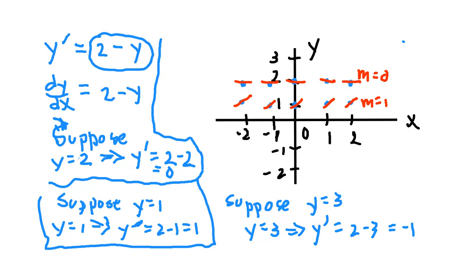Okay. And so, again, if we pick some points in the xy plane whose y coordinate is 3, I don't care about the x coordinate. Y is equal to 3 for all those points, and their slopes are negative 1. So you see how I'm constructing the direction field?